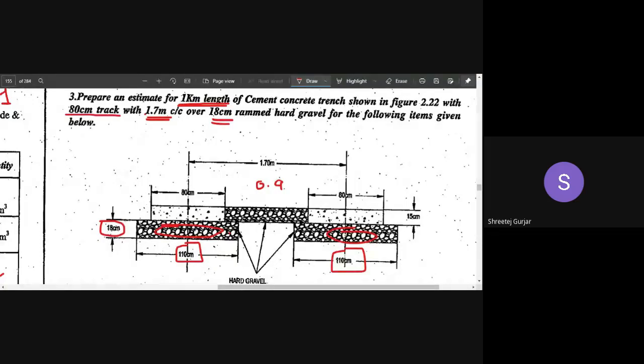Let me just share a different screen. Okay, let me share the different screen for the next example.